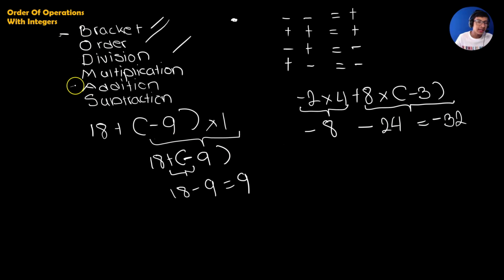Let's recap what we have learned today. We learned how to solve operations that have integers, and which ones come first and how the order goes. We had two main points today. First, the order itself, and a simple way to remember this is BODMAS: brackets, order, division, multiplication, addition, and subtraction.